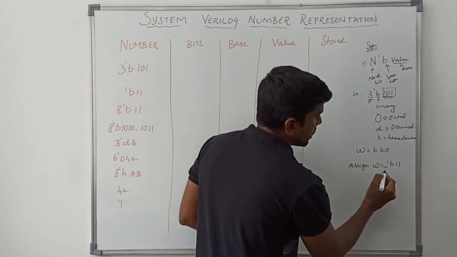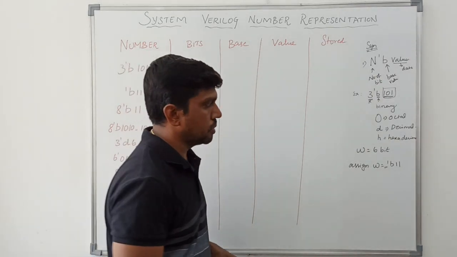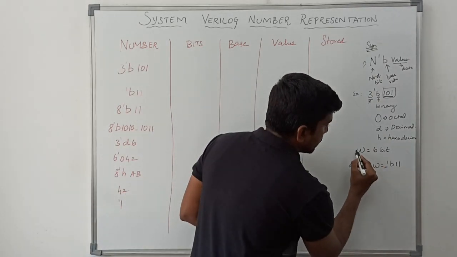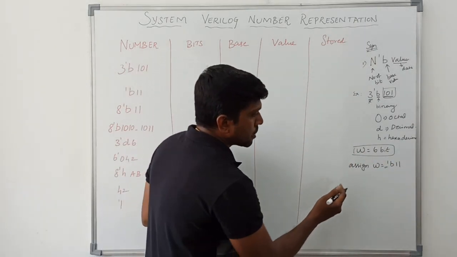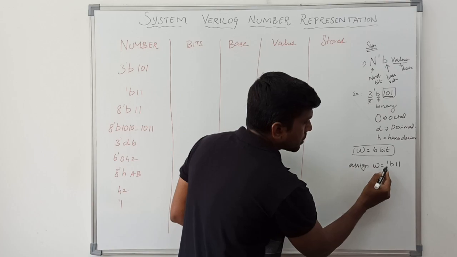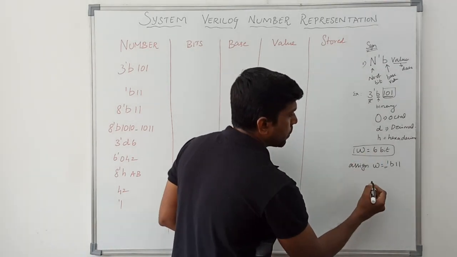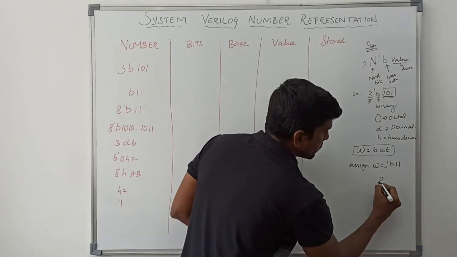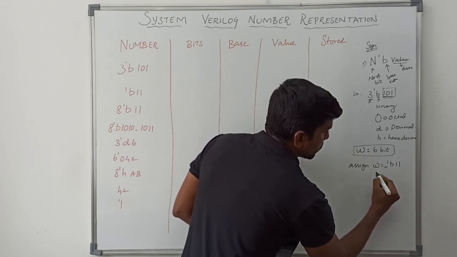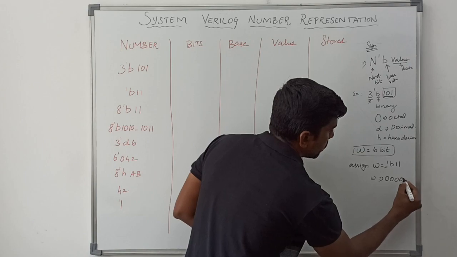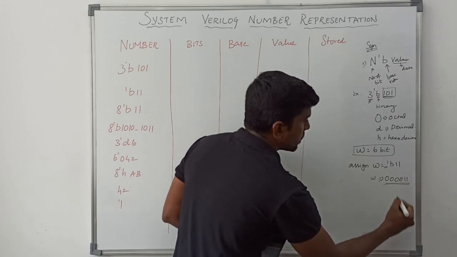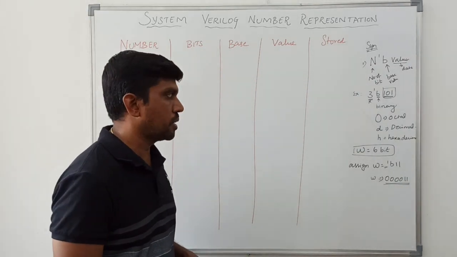Here the number of bits is not mentioned, but before that I declared W as 6 bits wide, so it is understood by default. After execution of this instruction, W value is 000011, a 6 bit value representation.